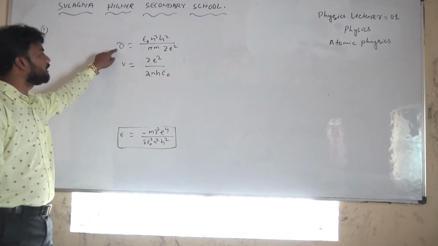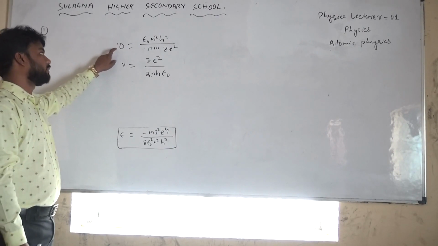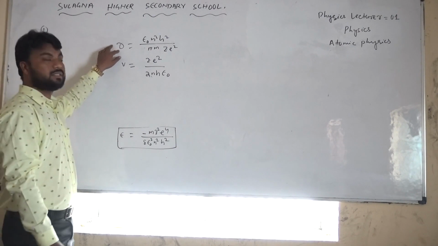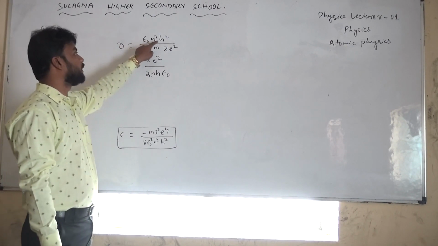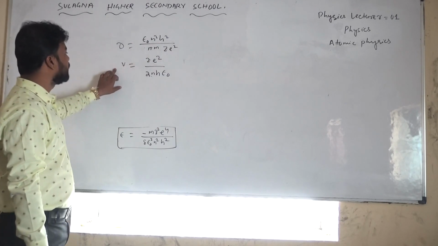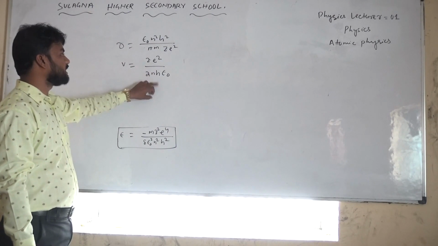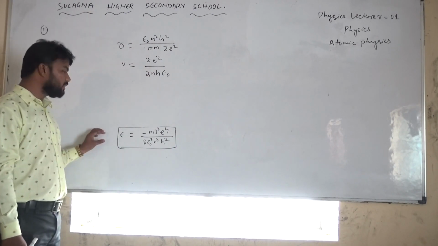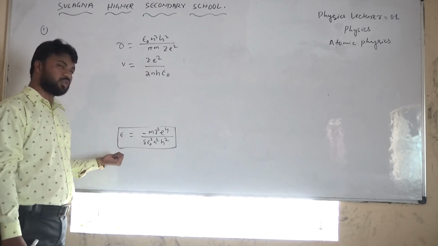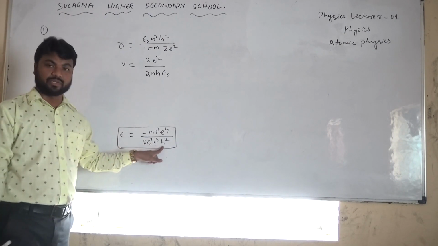Now, R is the radius of an electron in a specific orbit. That is R equal to epsilon naught n square h square by pi m z square, and V equal to z square by 2 n h epsilon naught, and total energy E is equal to minus m z square e to the power 4 by 8 epsilon naught square n square h square.